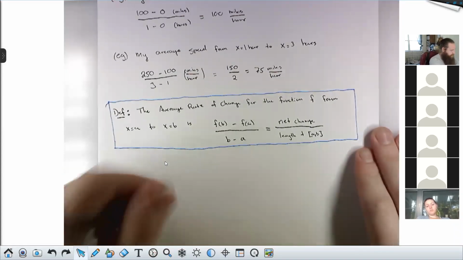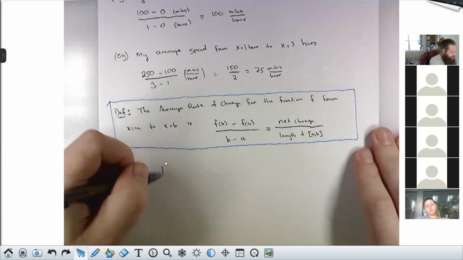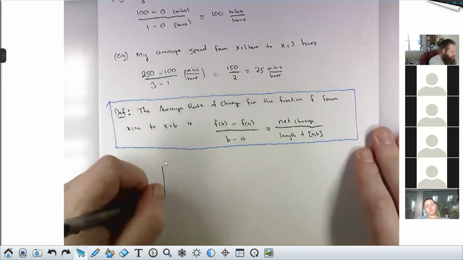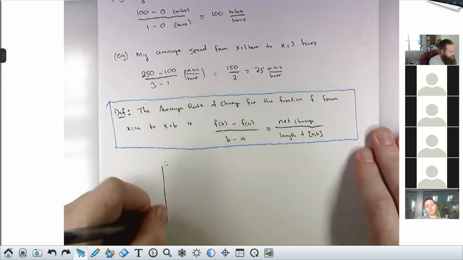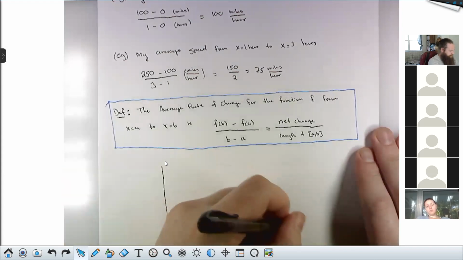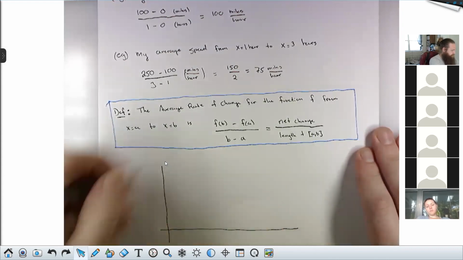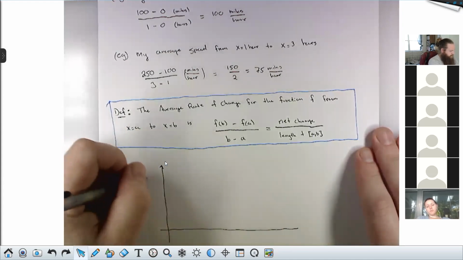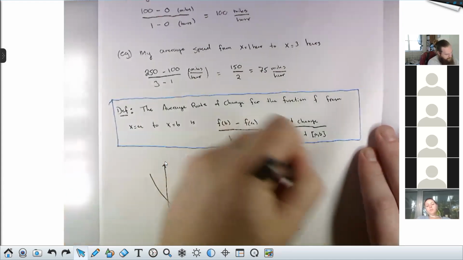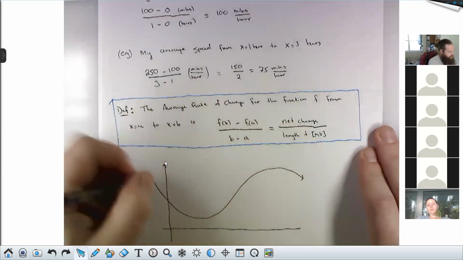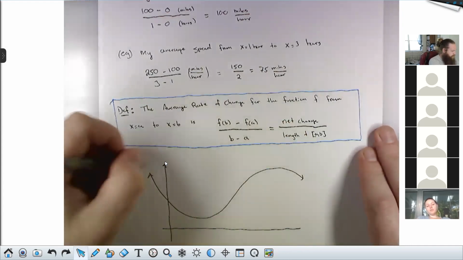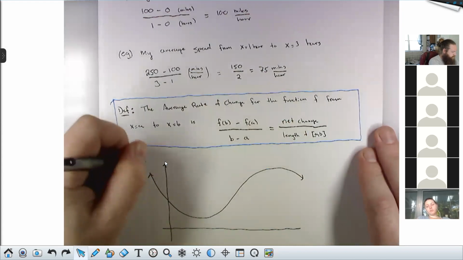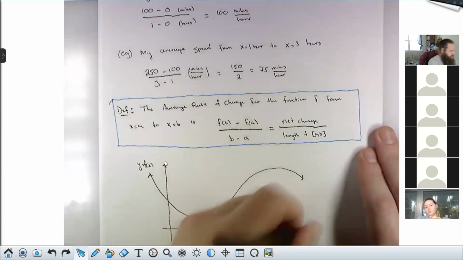There is a geometric interpretation here though. And that geometric interpretation comes with some vocabulary, so I'd like to share it with you. Graph a sort of generic looking function. This is f of x.